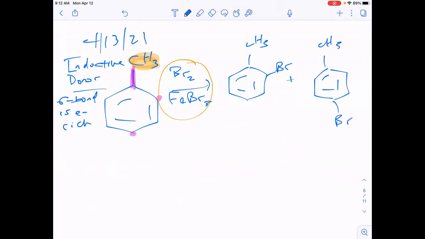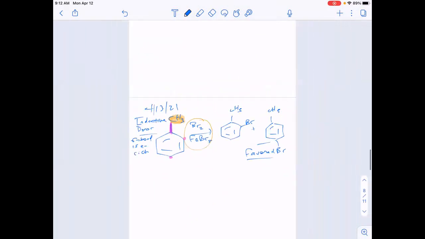And usually when you have a substituent already on the ring, the para is favored just because of sterics. All right, so as far as donors are concerned, you can have resonance donors, you can have inductive donors, but anytime there's a donor on the ring, you're gonna have ortho para directing.